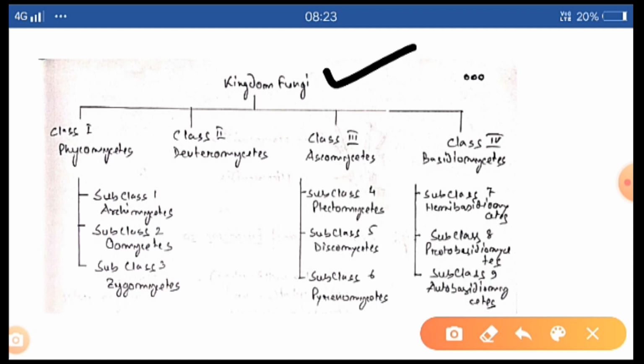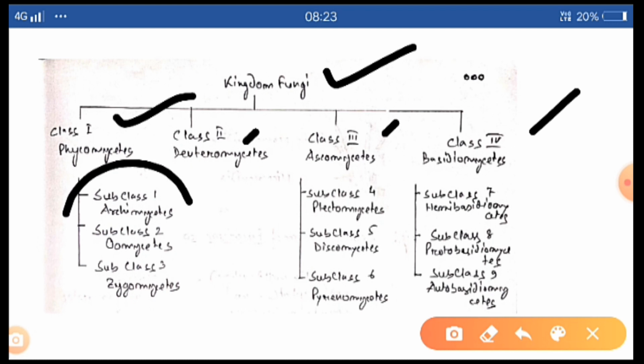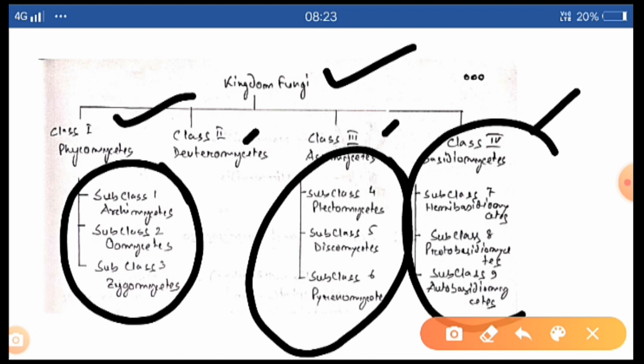Now we may conclude that kingdom fungi is divided into four classes. The first class, Phycomycetes, is divided into three subclasses. Second, Deuteromycetes, is not divided into any subclasses. The rest, Ascomycetes and Basidiomycetes, are again subdivided into subclasses.